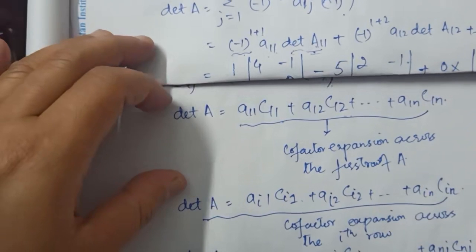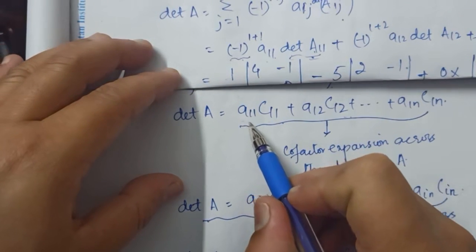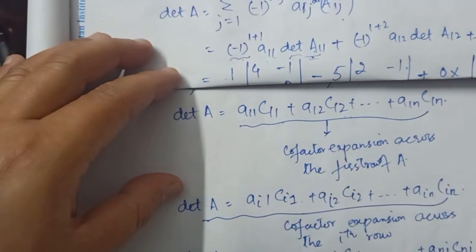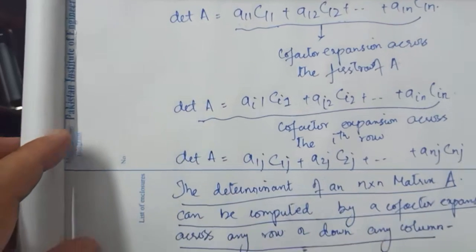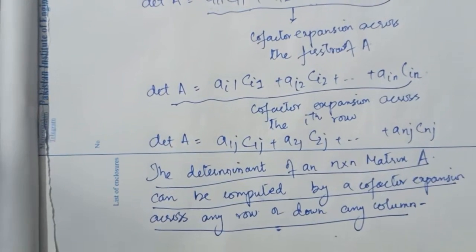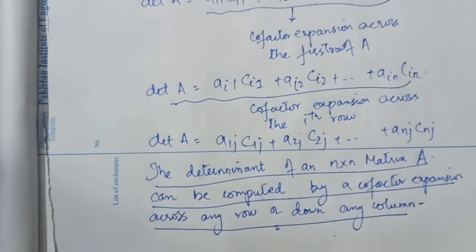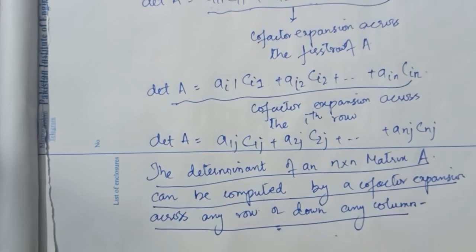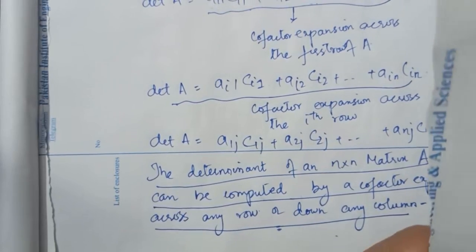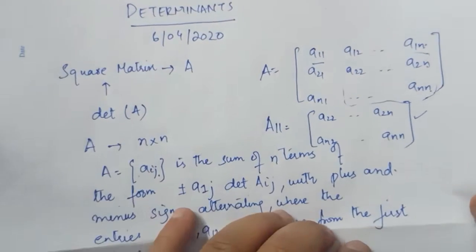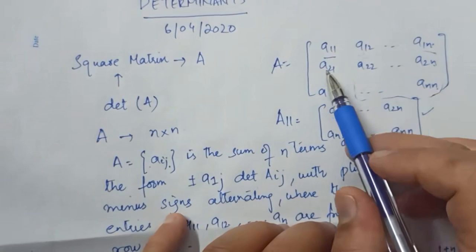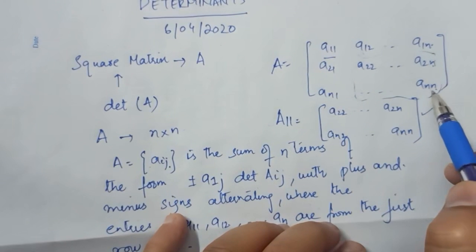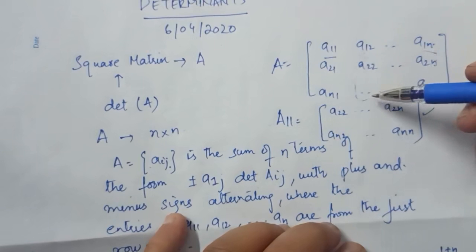Now, because it has all the first row components of this matrix. We will not prove it here, but you should remember this: the determinant of any n cross n matrix A can be computed by the cofactor expansion across any row or down any column. So if this is a matrix A here, you can expand across any row in the matrix, or you can use any column to do the cofactor expansion.